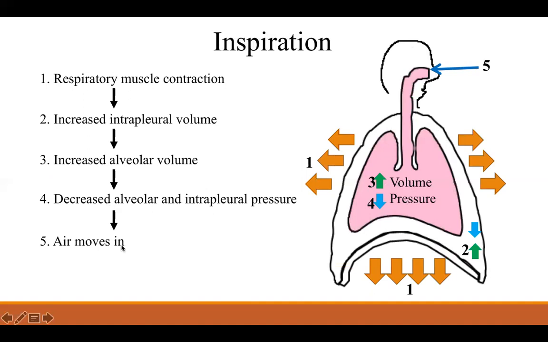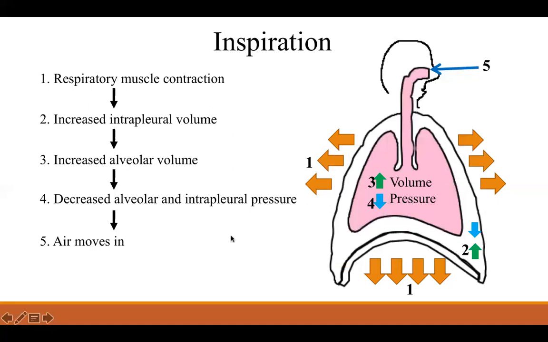So it's a simple illustration to show the direction of the movement of the diaphragm, diaphragm moving down, and external intercostal muscles moving outwards, allowing the expansion of the pleura, expansion of the lungs, therefore the volume expansion, therefore the pressure drop, and then the air moving in would be number 5, air moves in.